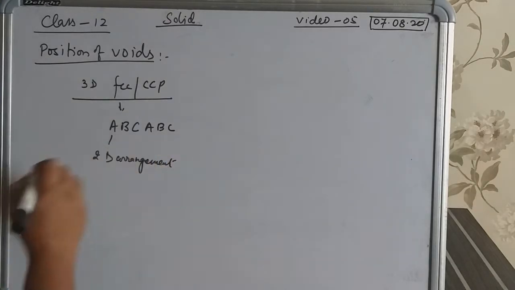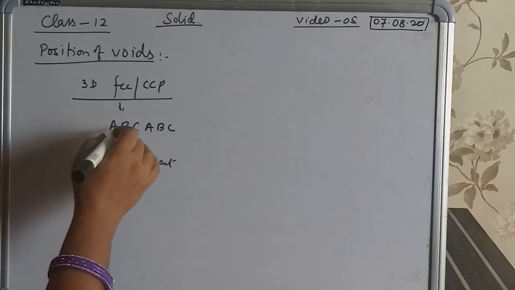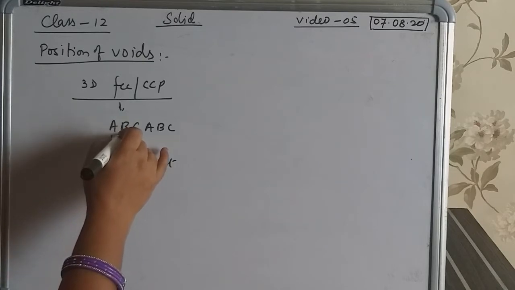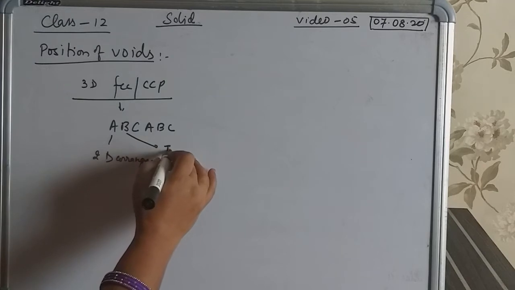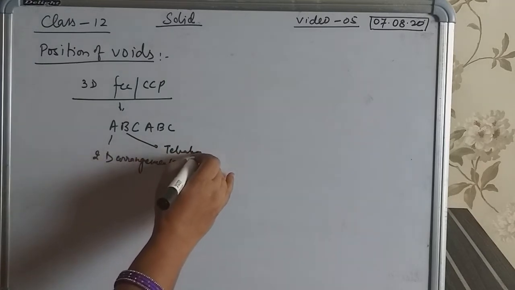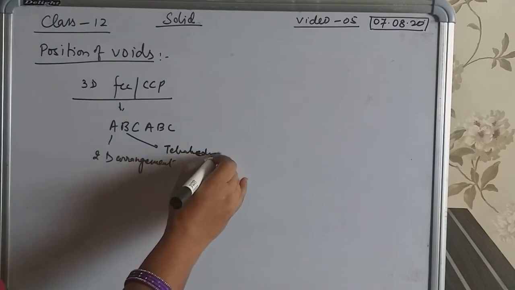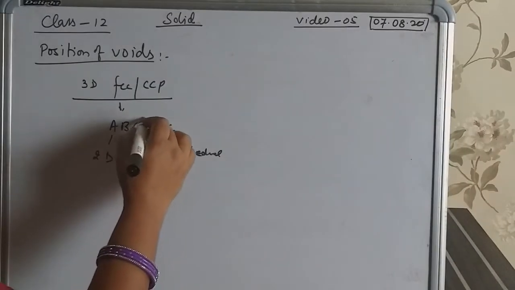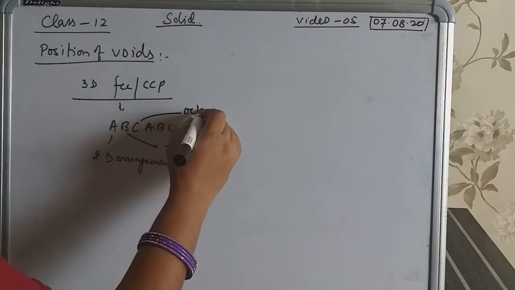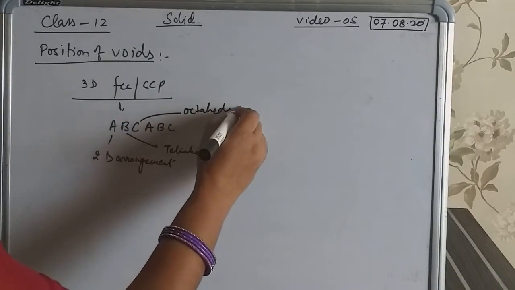After the first layer, the second layer B is formed by covering tetrahedral voids, and the C layer is formed by covering octahedral voids.